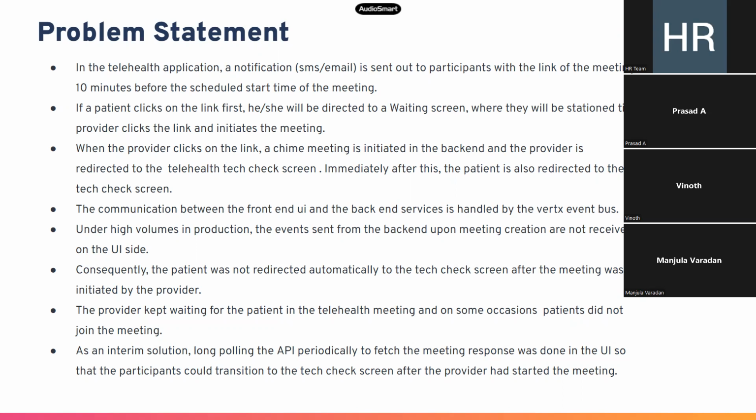And once we get a success response, we automatically transition the client to the tech check screen. We configured this to run at periodic intervals, maybe once in 20 seconds or once in 30 seconds, to ensure that the automatic transition happens. This was the interim solution we put in place.